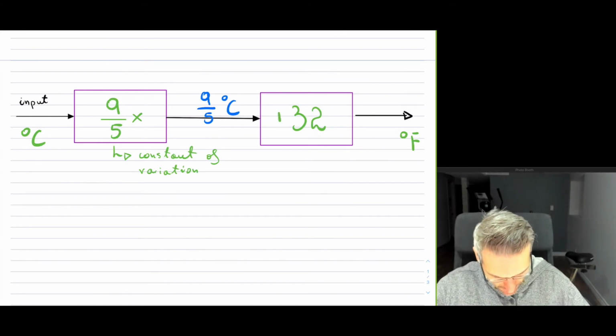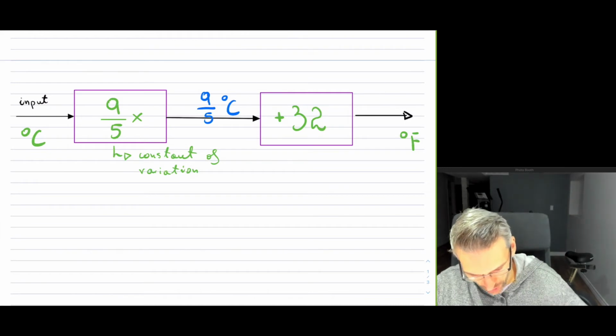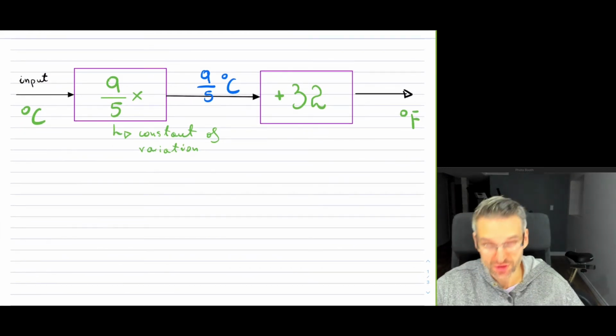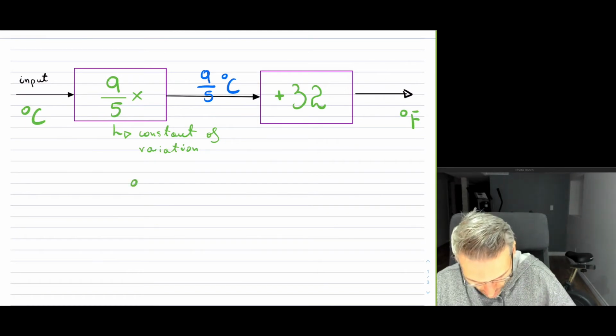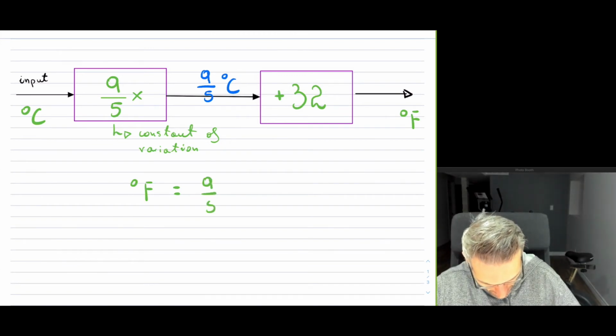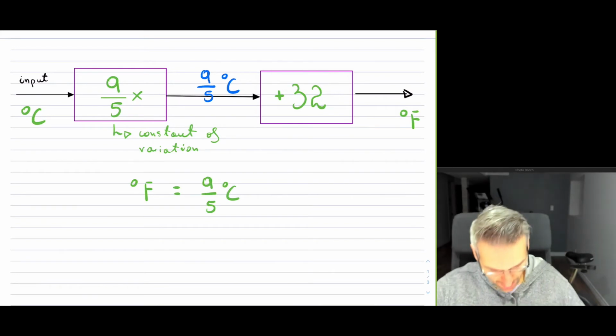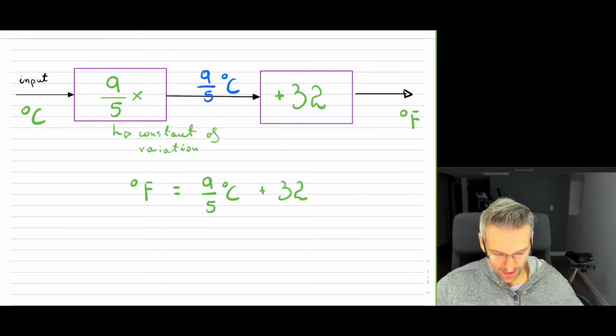So we're going to be shifting it by 32. If you now look at this overall equation, this relation, my output is degrees Fahrenheit. It is equal to 9/5 multiplied by degrees Celsius plus 32.